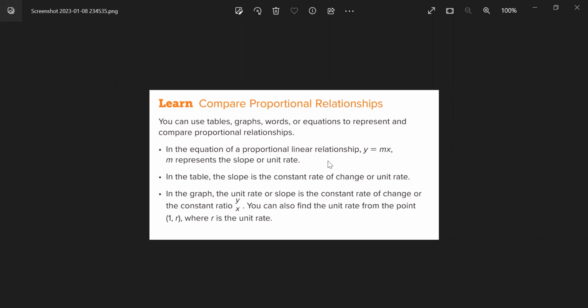In the table, the slope is the constant rate of change or the unit rate. In the graph, the unit rate or slope is the constant rate of change or the constant ratio, y over x. You can also find the unit rate from the point (1, r), where r is the unit rate. Okay?